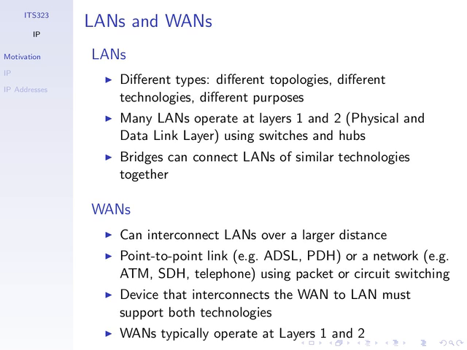If this cloud represents our LAN on this campus, and this cloud represents the LAN on the Rangsit campus, and we want to connect them together, we could have a single cable, or in fact what we actually do have, not a cable but a wireless link.